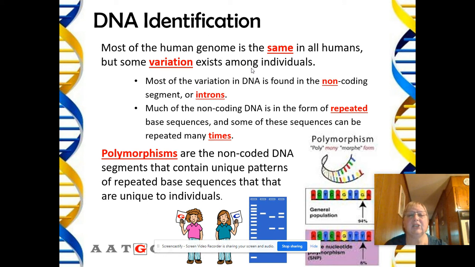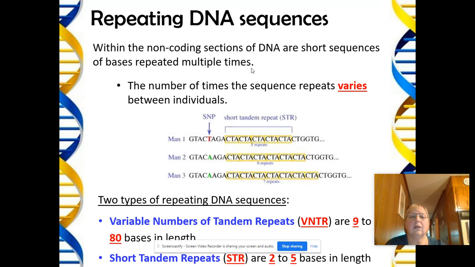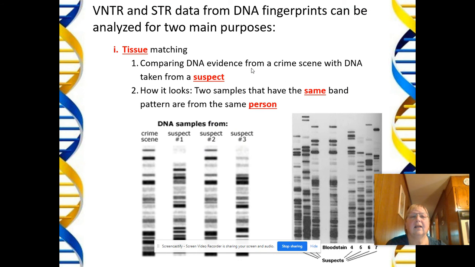DNA identification. Most of the human genome is the same in all humans, but there are some variations among us. VNTR and STR data come from DNA fingerprints and can be analyzed for 2 main purposes. One is tissue matching, where you collect from a crime scene and then you collect from a suspect.